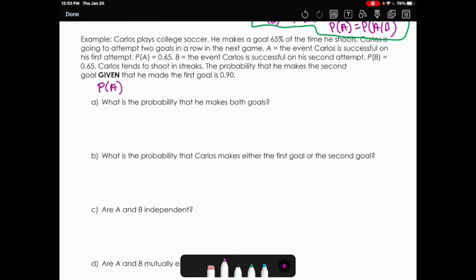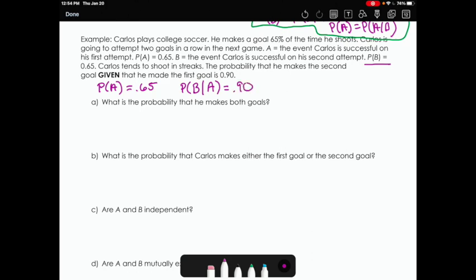So let's label the notation here. The probability that he gets a score on the first attempt is 0.65. But they're stating that the probability that he gets a score on the second attempt, assuming that he made a score on the first attempt, is 0.9. So the notation for that would be the probability that he gets a score on the second attempt, that's event B, given that he has got a score on the first attempt.